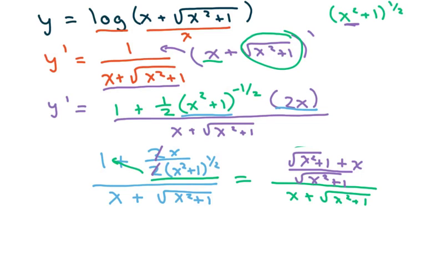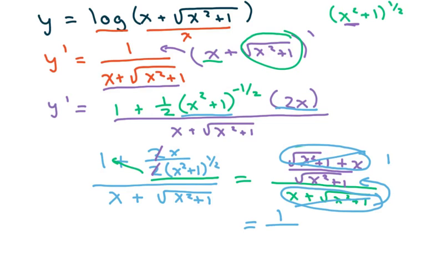Okay, so sorry about the delay there. Now, if you notice, these 2 are the same. So basically, you can move this guy up here, and these would cancel out, and that would leave 1 on the numerator. So that's going to be 1 over square root of x squared plus 1.